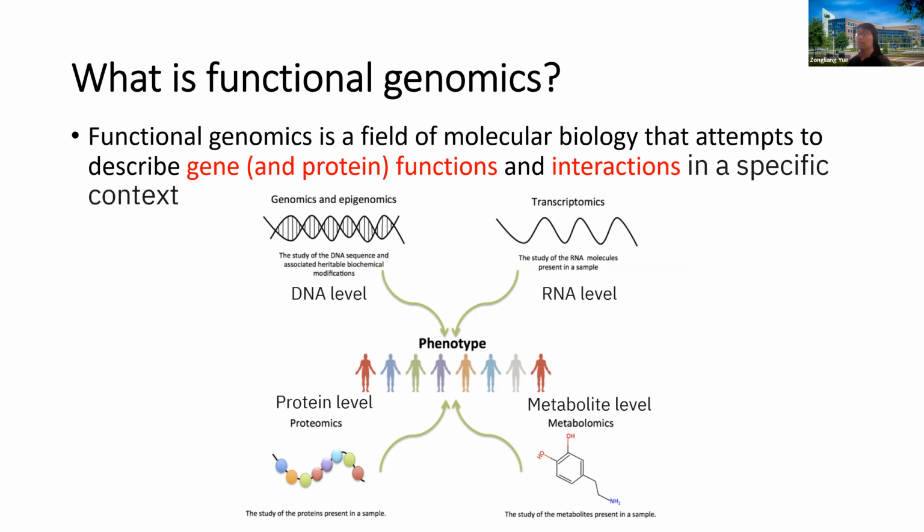So there's a phenotype. Usually, it's driven by all different kinds of omic data we process, such as at the DNA level, we have genomics data and epigenomic data. For the RNA level, we have transcriptomics data. For the protein level, we have proteomics data. And for the metabolite level, we have metabolomics data. All this contributes to the phenotypes here.